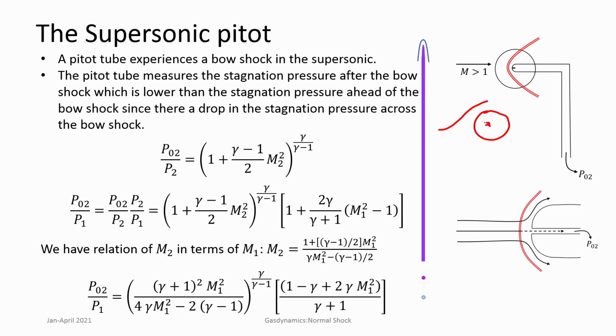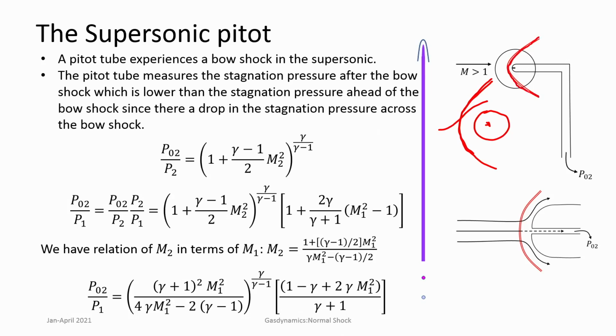In a supersonic flow, this cannot be accomplished because information does not propagate in all directions. In order to facilitate this, ultimately you get a shock wave. A shock wave envelops the body. So, a shock wave envelops the Pitot.